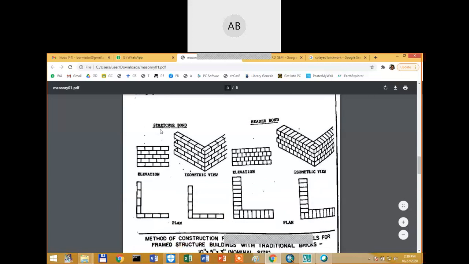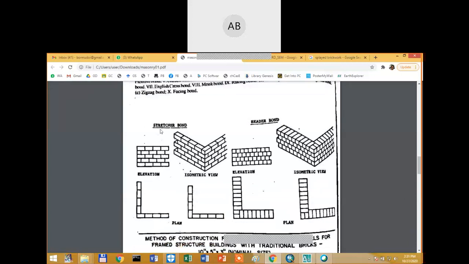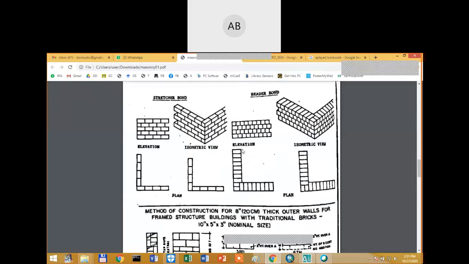So what is a stretcher bond? This is a stretcher bond. This is a header bond. Simply by looking at the arrangement, can someone tell me the difference? What is a stretcher bond? So remember the dimension of one brick.